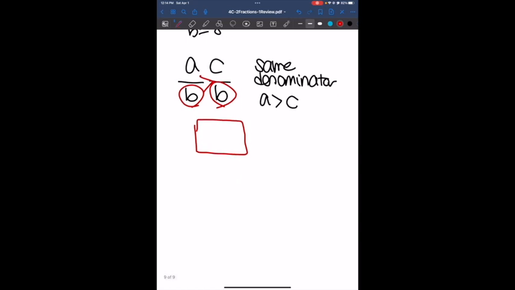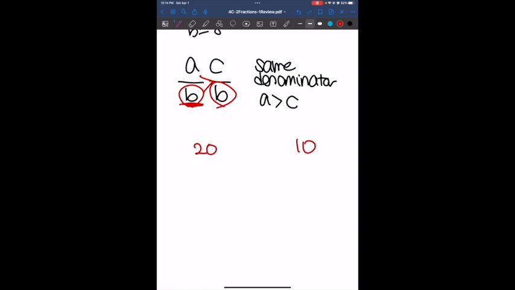Let's think of it this way. The numerator, the number on top, is the number that's being divided, and B, the denominator, is the number that is dividing.